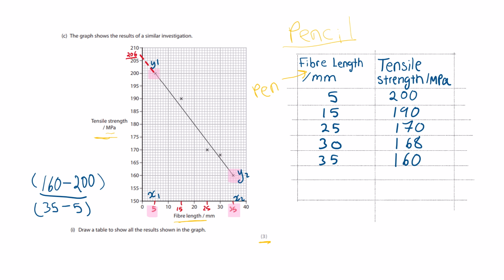For the next question, they're going to be asking us about measuring the gradient and finding the y-intercept. This is the equation I used for the gradient, which is y2 minus y1 divided by x2 minus x1. Here we have y2, which is 160, y1, which is approximately 200, x2, which is 35, and x1, which is 5.